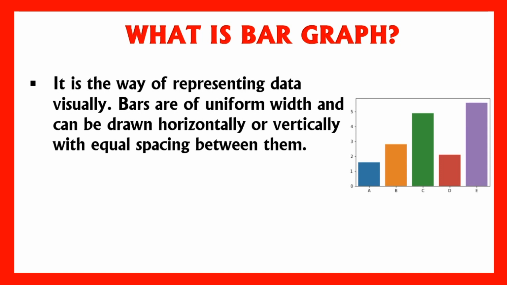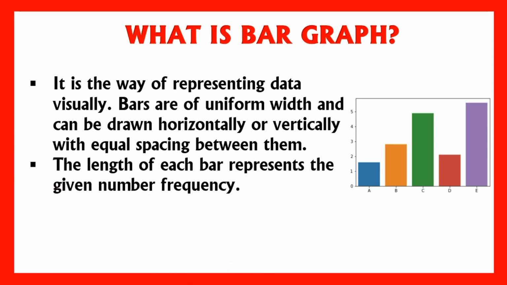So here is the diagram. Look at the bars A, B, C, D and E; all the bars have the same uniform width vertically, right? The length of each bar represents the given number or frequency.